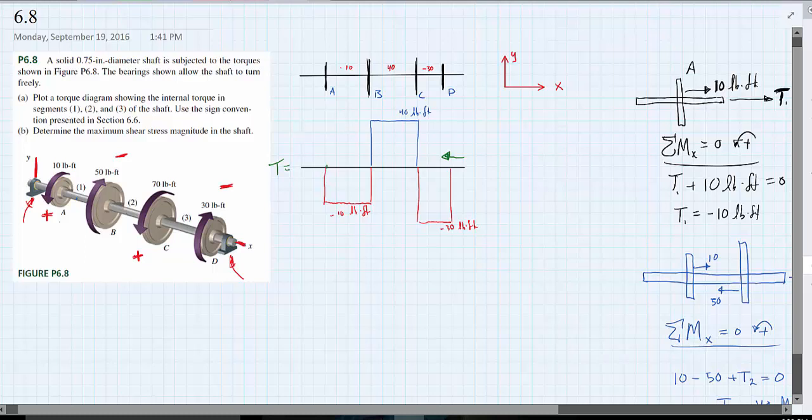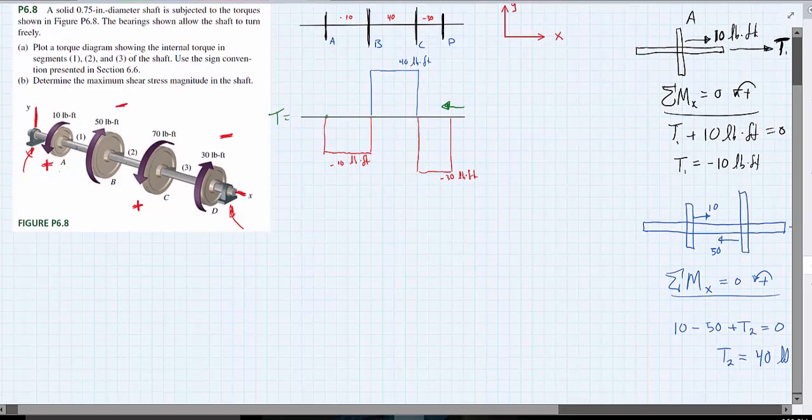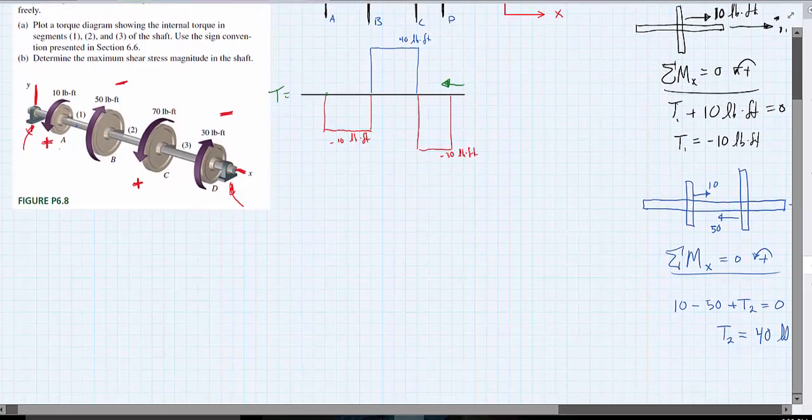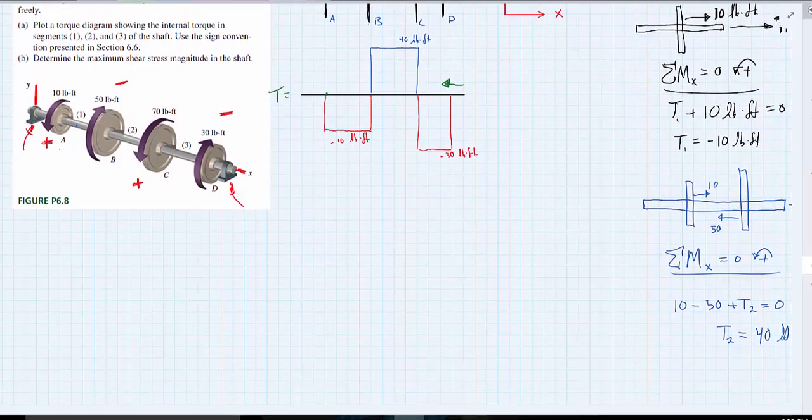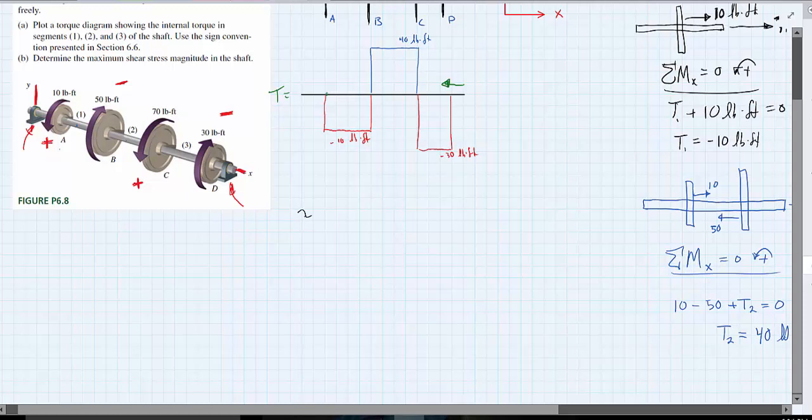So the next question says, determine the maximum shear stress magnitude in the shaft. So shear stress, as you know, tau max is going to equal the torque multiplied by c divided by J, where c is going to equal the diameter divided by 2, and J equals pi over 32 multiplied by the diameter to the 4th.